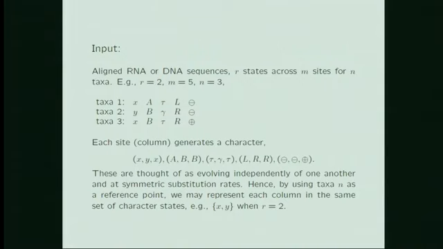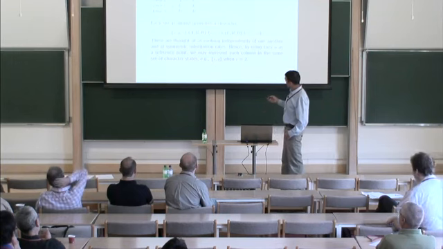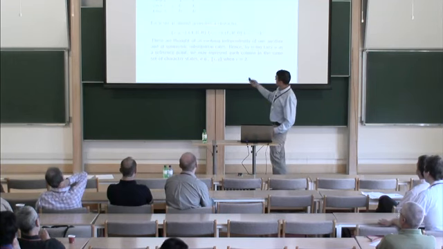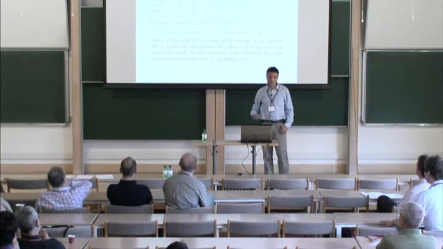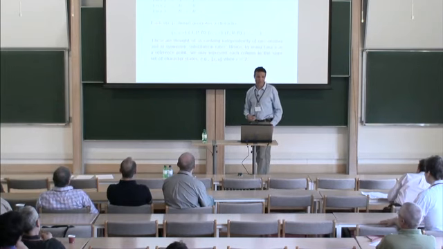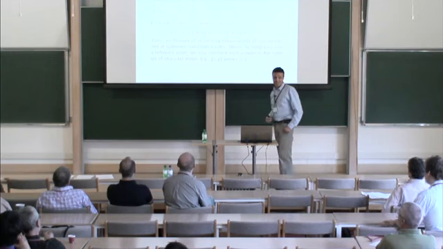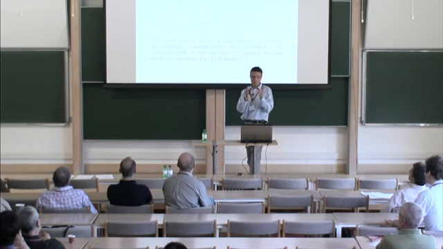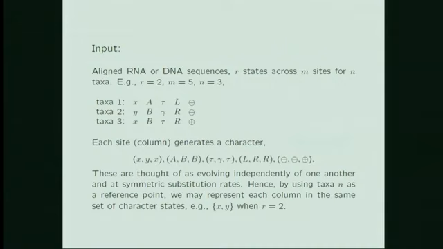So what is the input? The input consists of aligned sequences of different taxa. Here I've got 3 aligned sequences, and I use 3 different alphabets for each site. That's because a site can be more than just a nucleotide. It could be a whole gene, or a little group of nucleotides and so on.